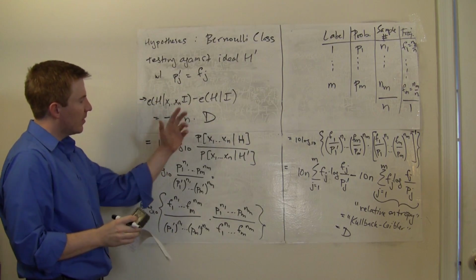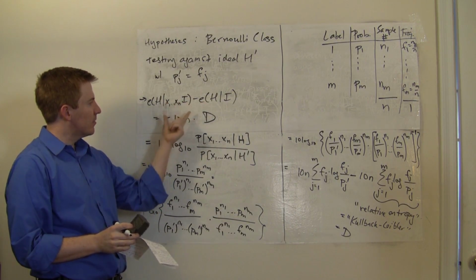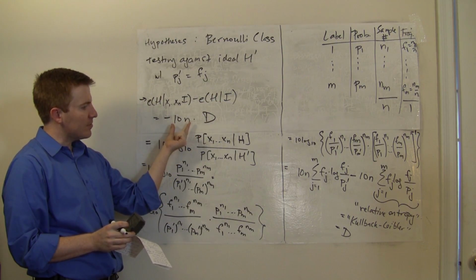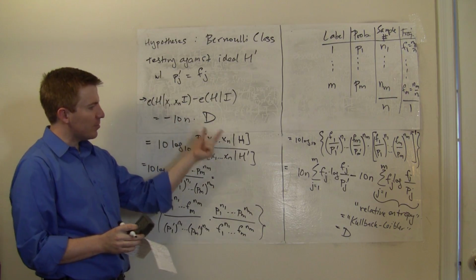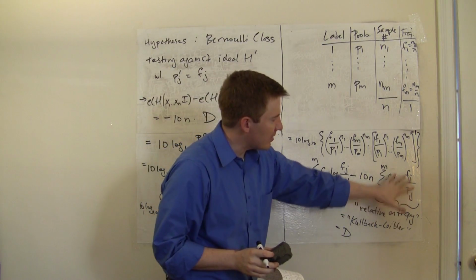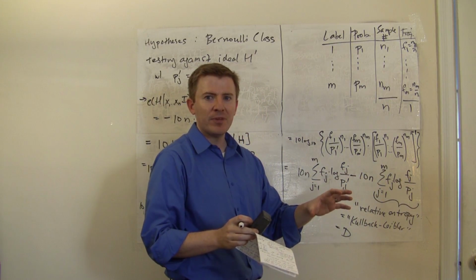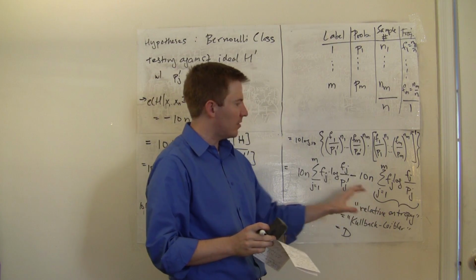So the point is, as n grows, this evidence, which is against h, scales with n linearly by a factor that depends on basically how different the frequencies and the probabilities are from each other.